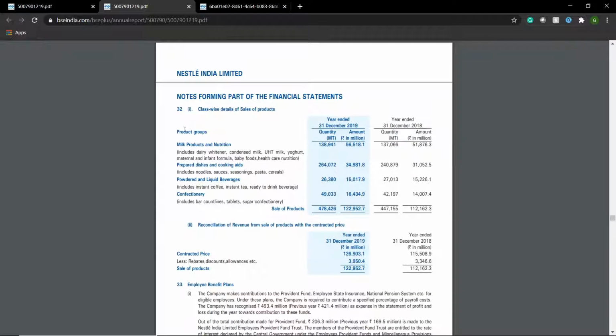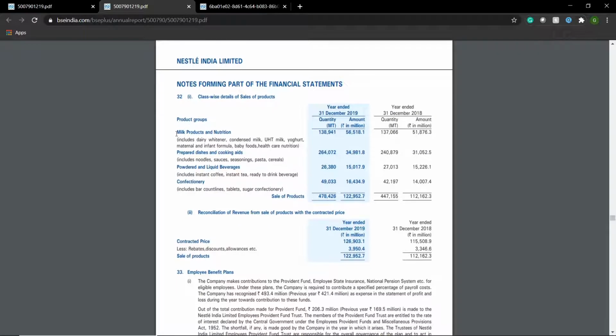Okay, now over here you can see the classification of the products. Now first of all, the highest is occupied by milk products and nutrition products, which amounts to 56,000 million rupees for the company, even though the quantity is lesser than the prepared dishes and cooking aids products. The prepared dishes and cooking aid products just includes the Maggi and all those products.